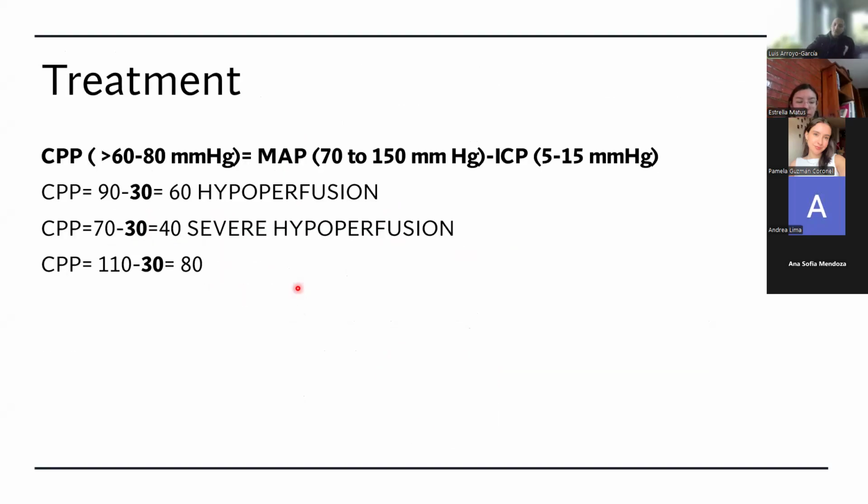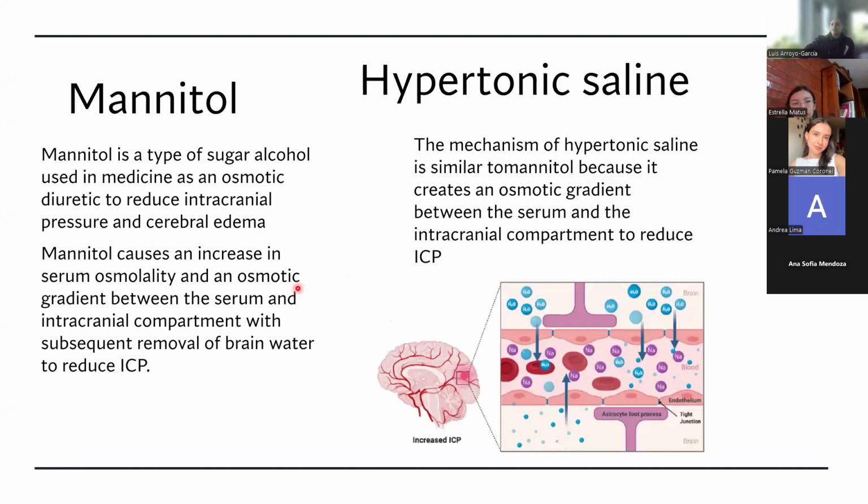So to bring this to the way that it should be, we have different ways to do it. One is using something called mannitol. It's a sugar alcohol that is an osmotic diuretic to reduce intracranial pressure and cerebral edema.